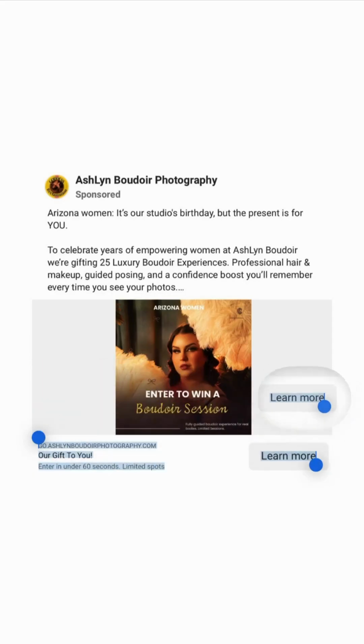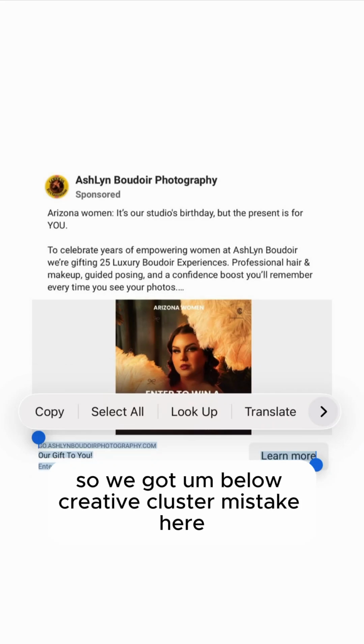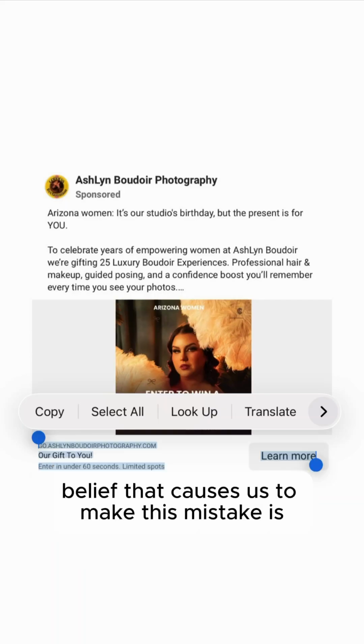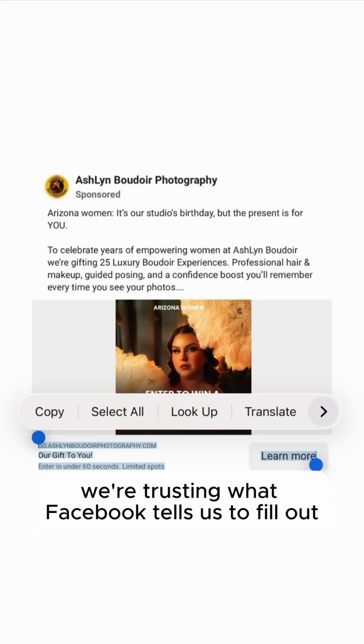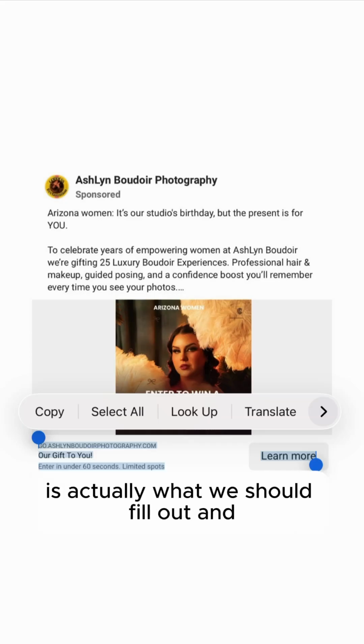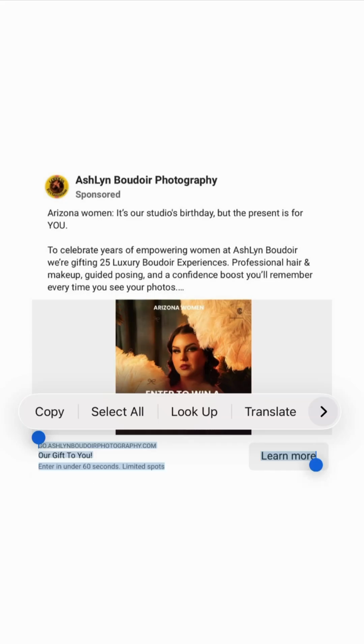Now we're going to diagnose this if we believe it has BLCS, aka Boudoir low click syndrome. So we got the creative cluster mistake here. The false belief that causes us to make this mistake is we're trusting that what Facebook tells us to fill out when creating our ad is actually what we should fill out.